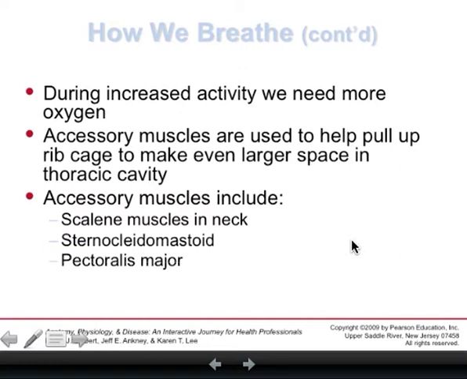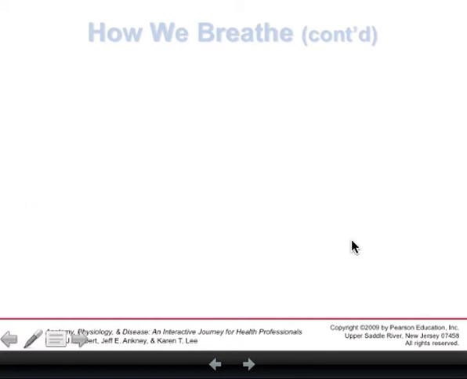Also the pectoralis major, the large muscles in your chest, and the pectoralis minor. And the pectoralis minor muscles, remember, lie just beneath the pectoralis major. And so, again, this combined action of these accessory muscles serve to further expand the rib cage.